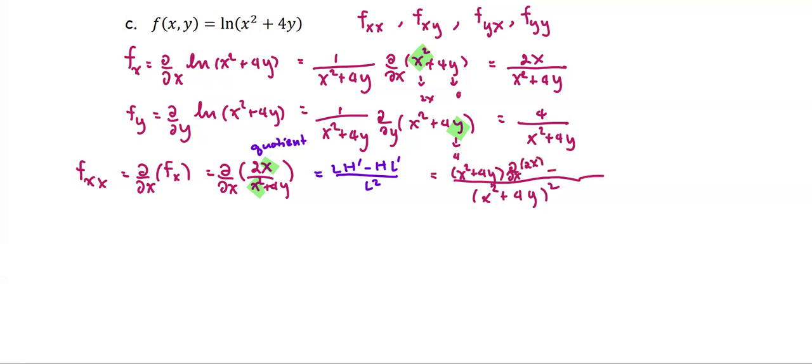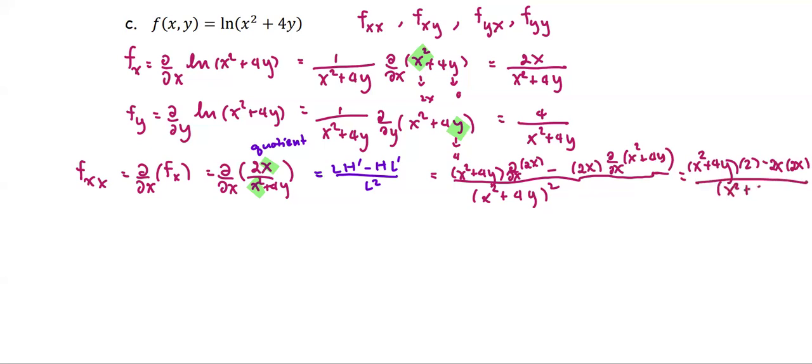And then subtract the high, which is 2x, times the partial with respect to x of the denominator, or the low, which is x squared plus 4y. And then simplify to be x squared plus 4y multiplied by 2 minus 2x times 2x, all divided by the quantity x squared plus 4y to the power 2.